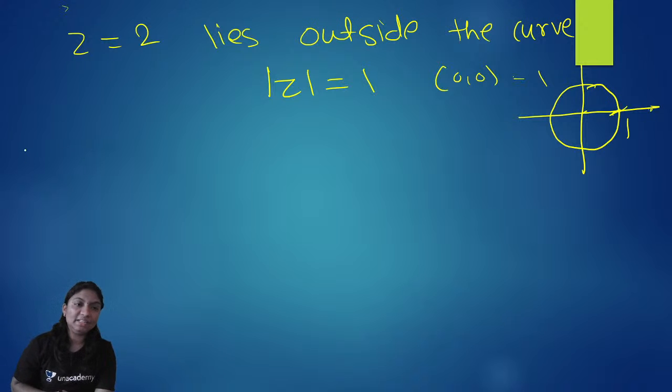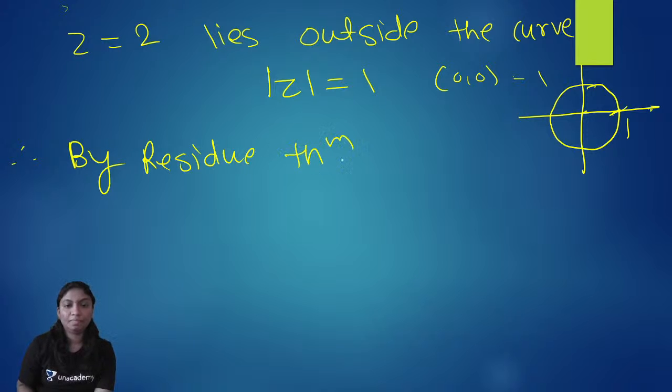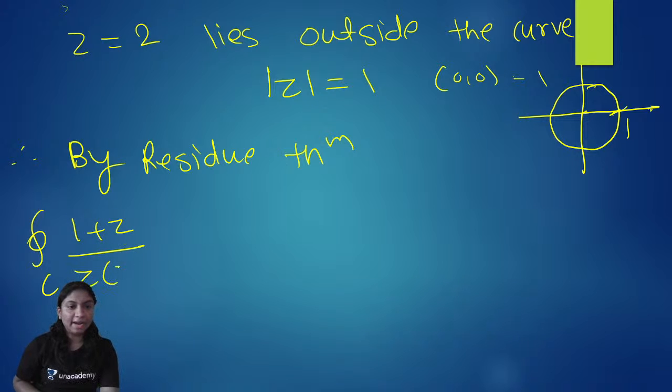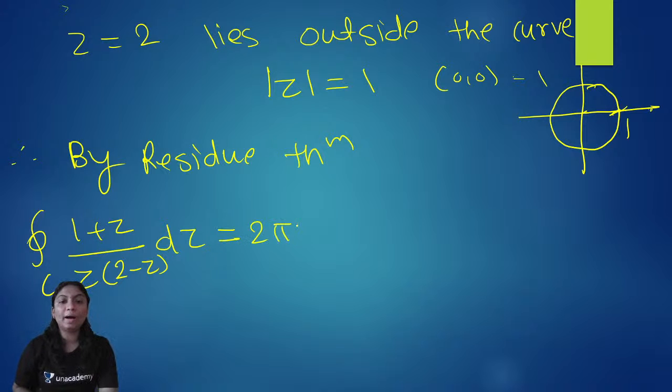Therefore, by the residue theorem, the closed integral over C of f of z, that is 1 plus z upon z into 2 minus z dz, is equal to 2 pi i into the residue of f of z at z is equal to 0, which is 1 by 2.